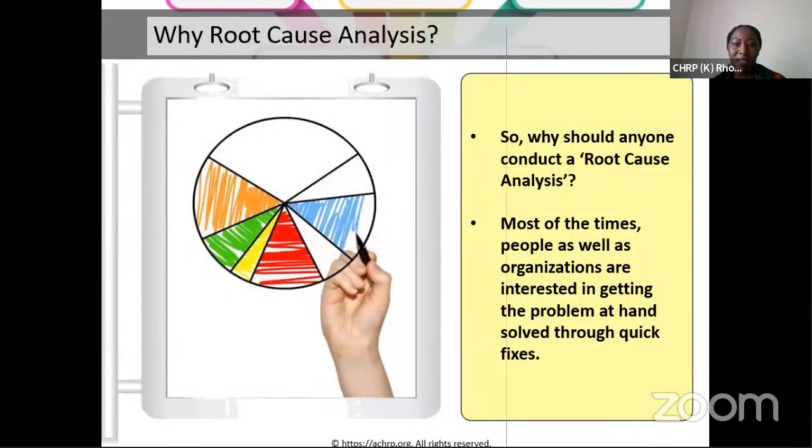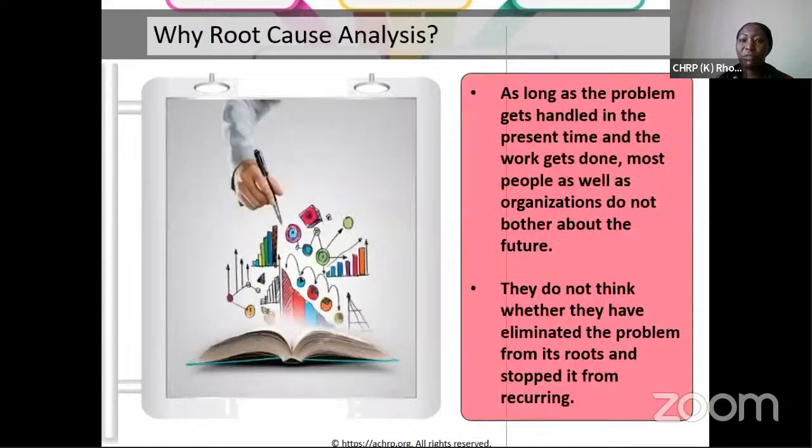So we are saying, why root cause analysis? So why should anyone conduct a root cause analysis? Most of the time, people as well as organizations are interested in getting the problem at hand solved through quick fixes. As long as the problem gets handled in the present time and the work gets done, most of the people do not bother about the future.